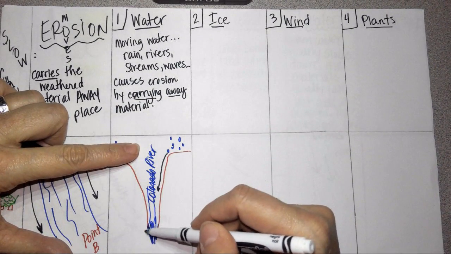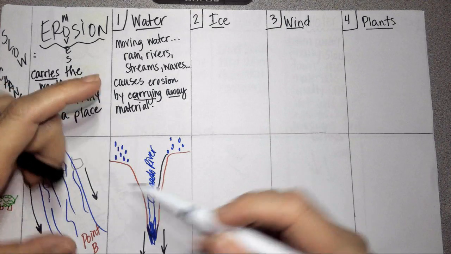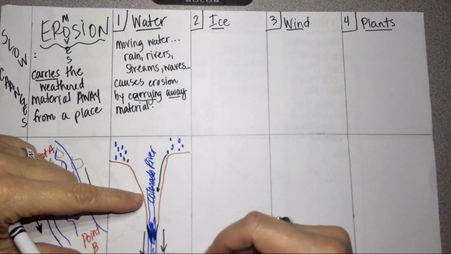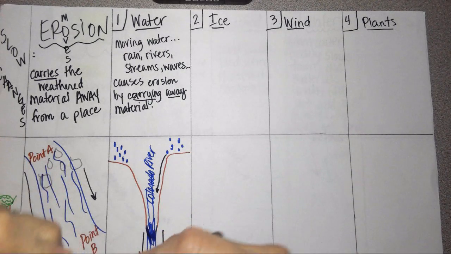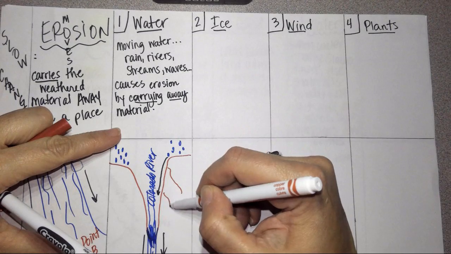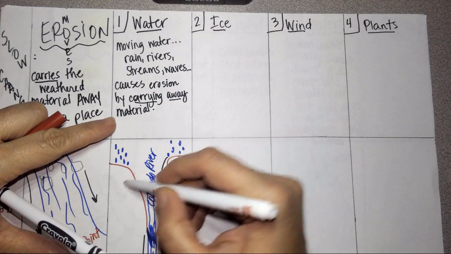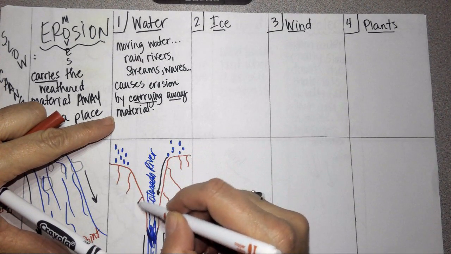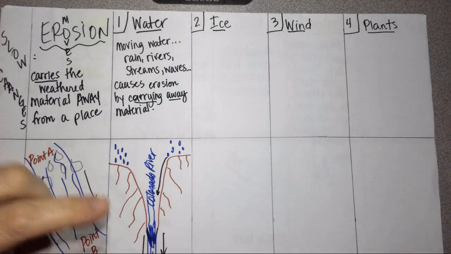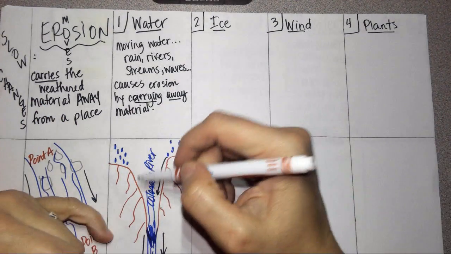Right? And this river is going to keep moving, right? River's going to keep moving. And we got cracks here because these are really big rocks. And we might even have a tree or something growing out of the side.